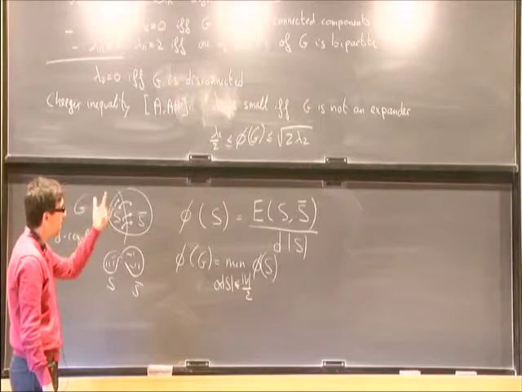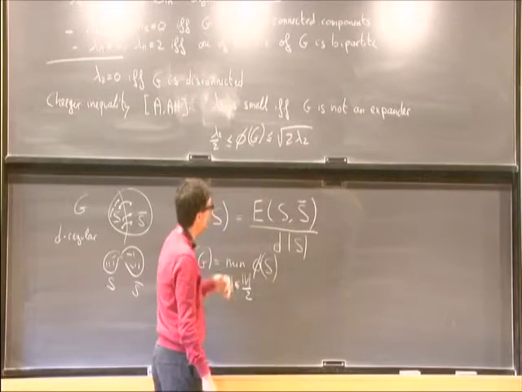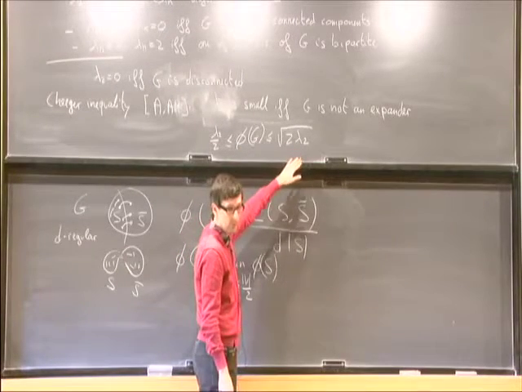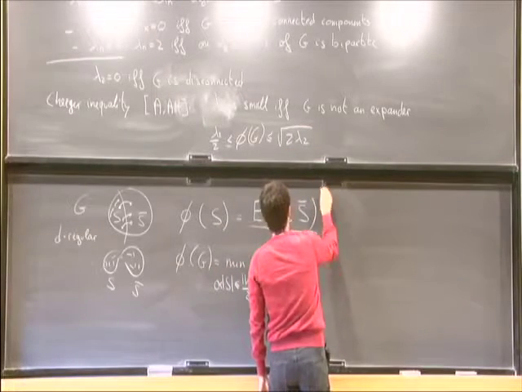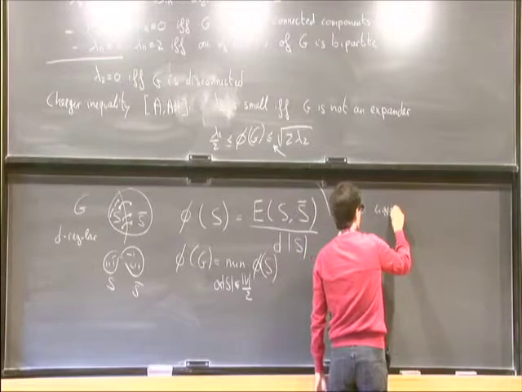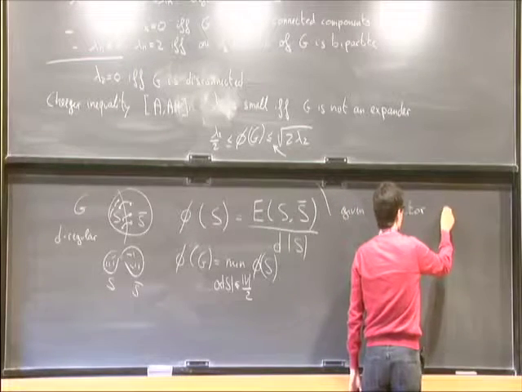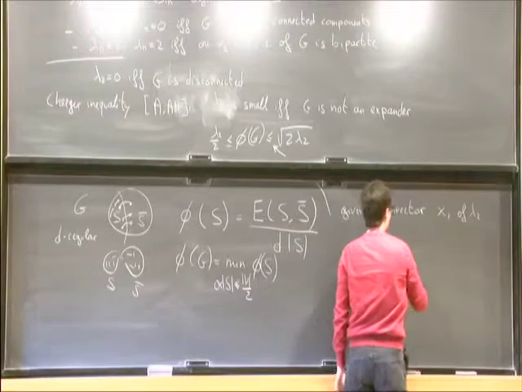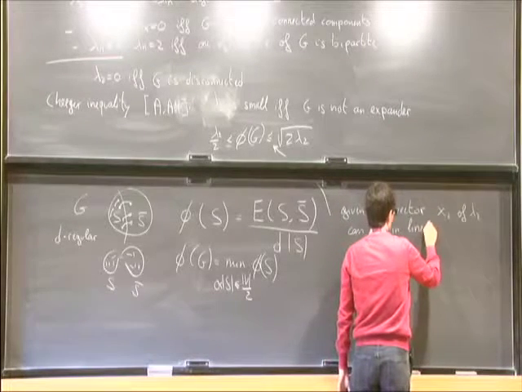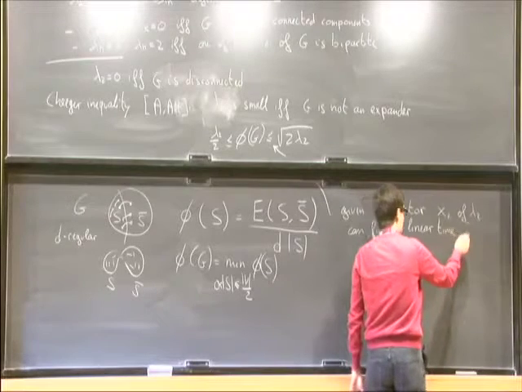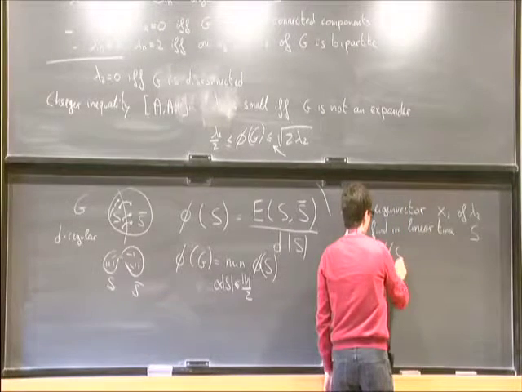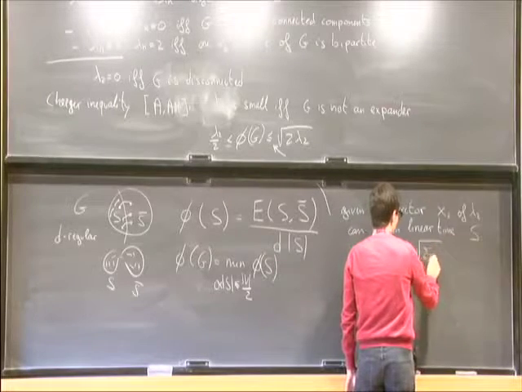And the proof of this direction of the inequality is constructive in the sense that not only does it show that the expansion of G is at most square root of 2 lambda 2, but the proof of this direction also shows that given the eigenvector of lambda 2, one can find in nearly linear time a set S such that the expansion of S is at most square root of 2 lambda 2.